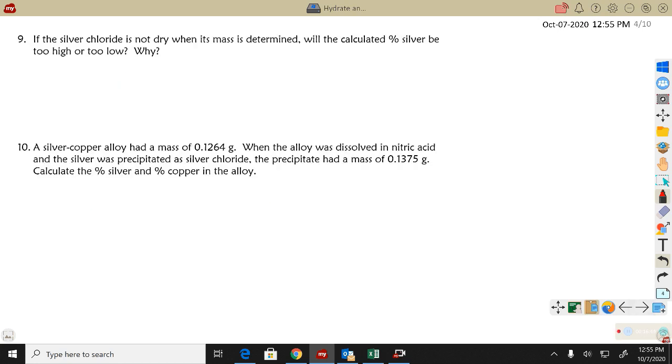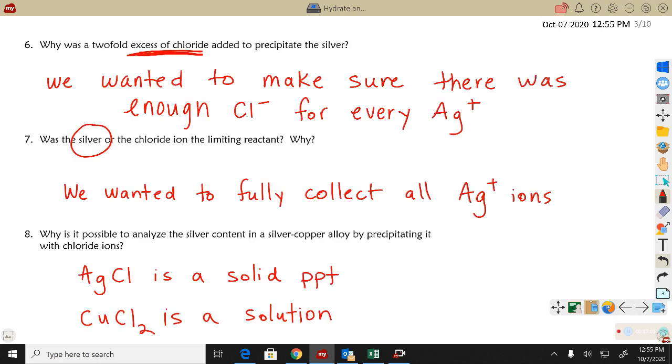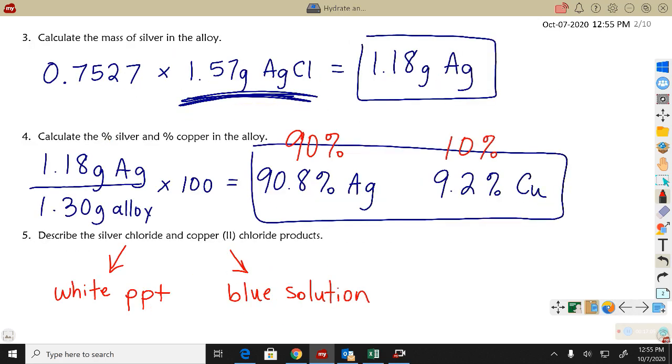And the last few, if the silver chloride is not dried, which ours was dry, and you can't feel it, but I could feel the bottom of it, and it was definitely dry. When the mass was determined, will the calculated percent silver be too high or too low? Okay, so let's say we backtrack a little bit through our calculations.